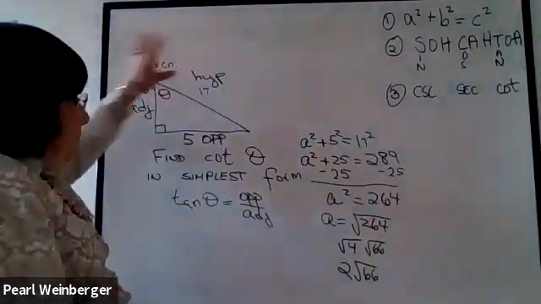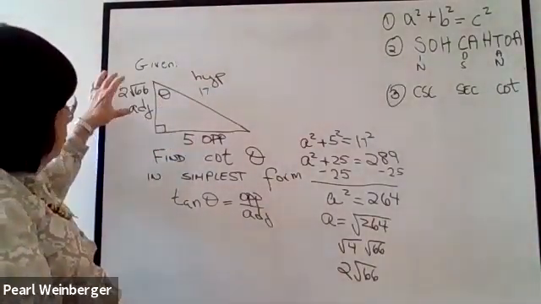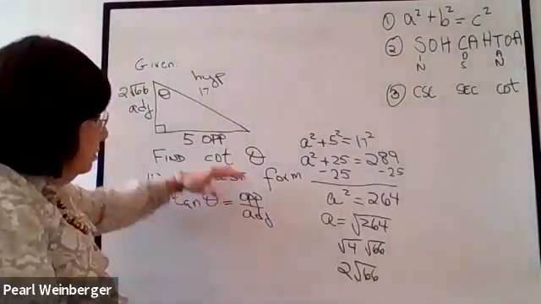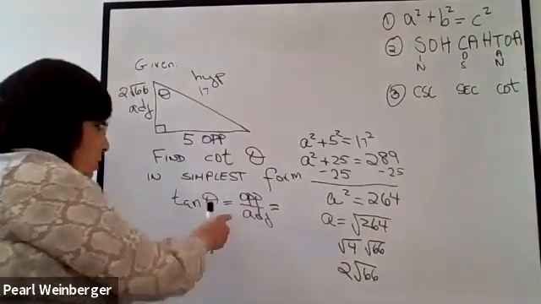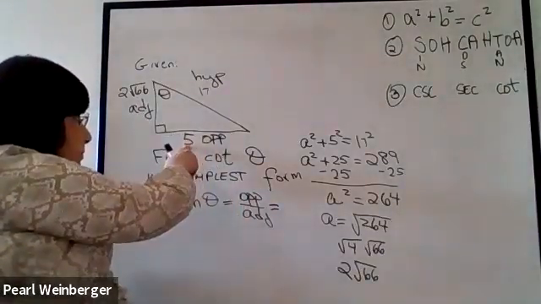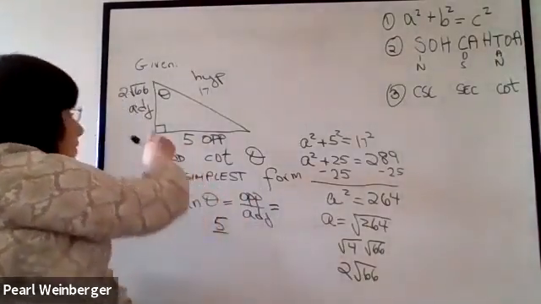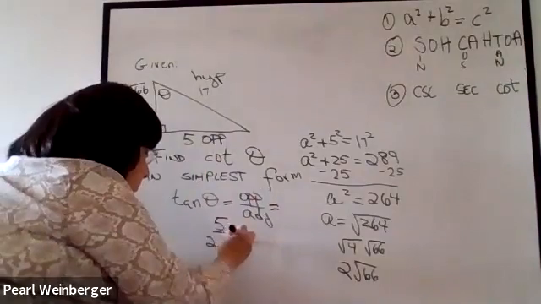Okay, now I have my whole triangle solved. Sometimes they may ask you just to find the side, but in this case, they asked us to find the cotangent. So I'm going to go to the tangent. The tangent is the opposite, which I have marked here as 5, and the adjacent I have marked as 2 radical 66.